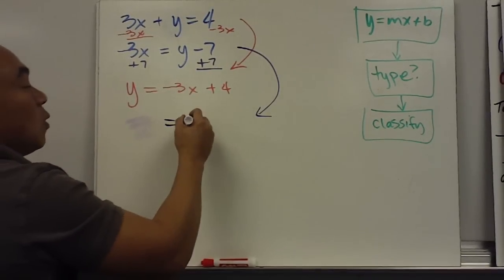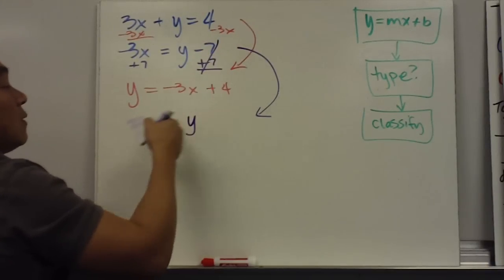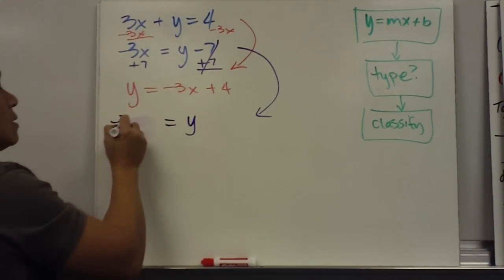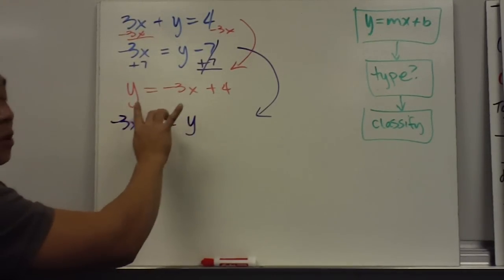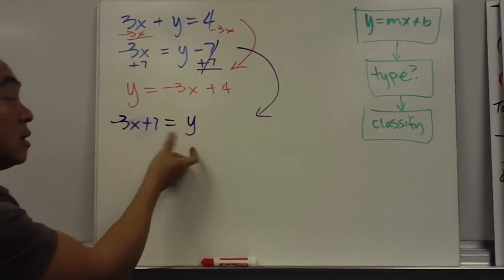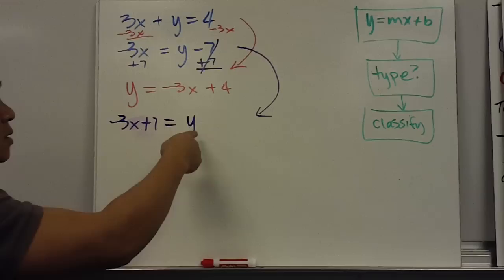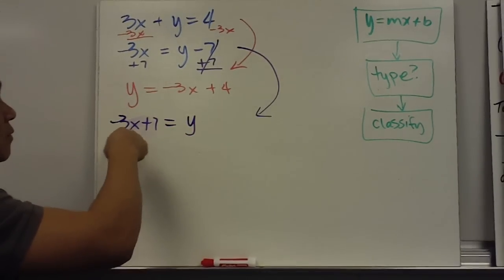Here it's y, because I got rid of the 7, and on this side it's going to be negative 3x plus 7. And yes, even though the y's are on opposite sides, it doesn't matter because they're still equal to each other. So if I rewrite this, it would still be y is equal to negative 3x plus 7.